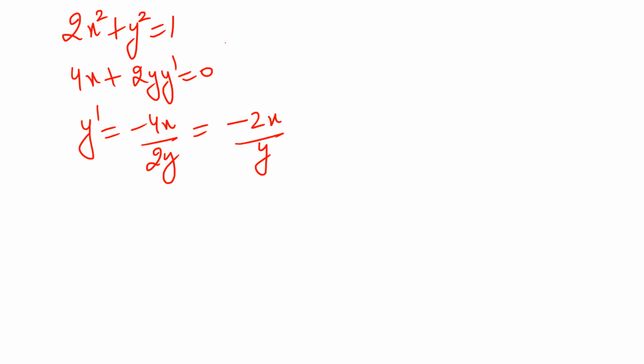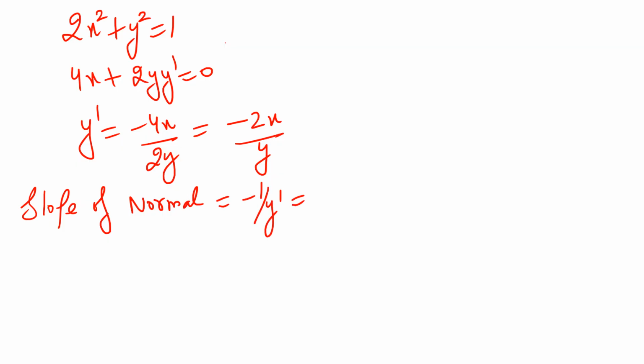Now we know that y dash represents the slope of the tangent. And we also know that both normal and tangent at a particular point on the ellipse are always perpendicular to each other. So that means the slope of the normal is nothing but the negative reciprocal of y dash. So this becomes y upon 2x.